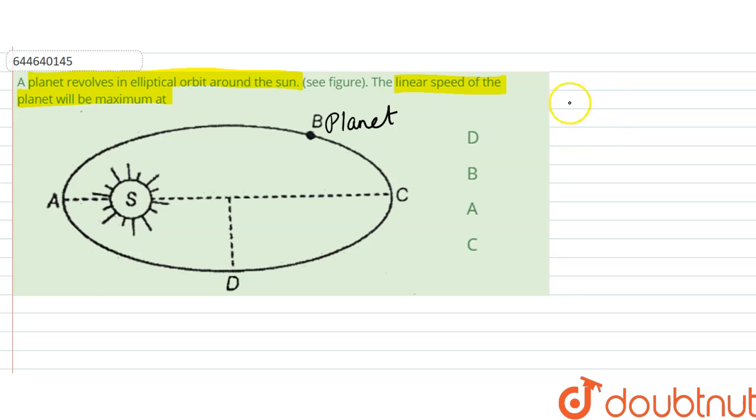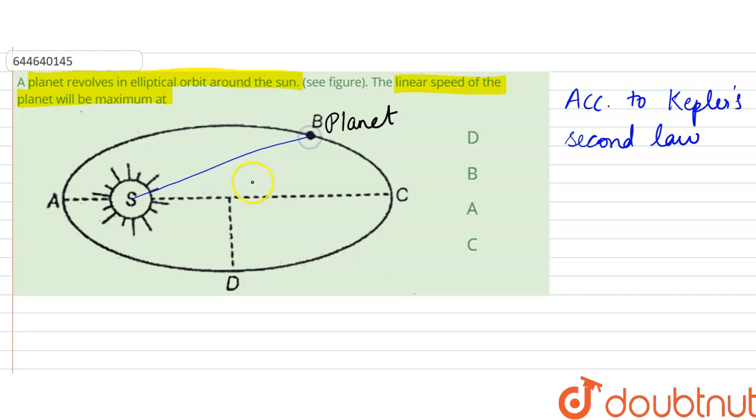according to Kepler's second law, when a planet travels in an elliptical orbit, the line joining the planet and the sun sweeps equal area.